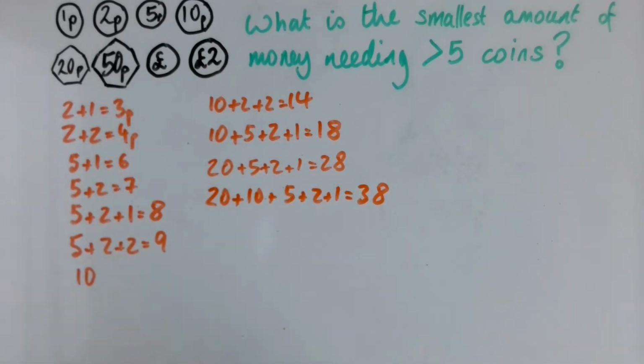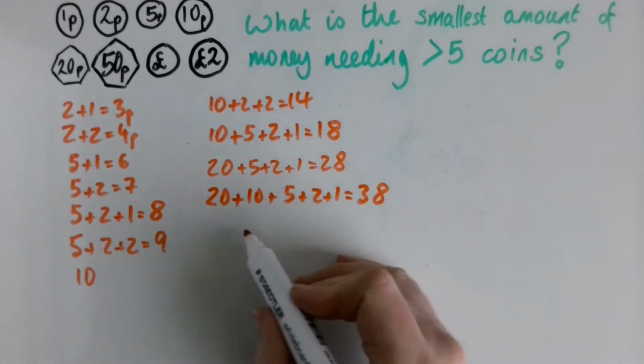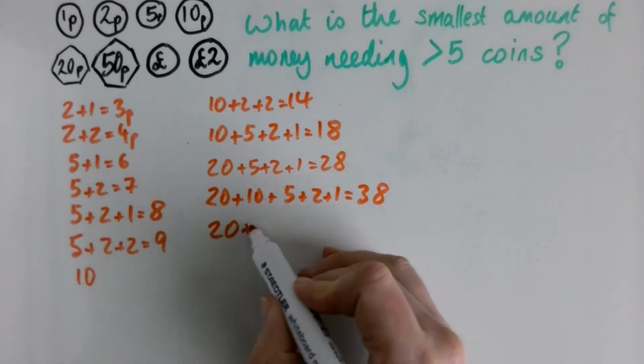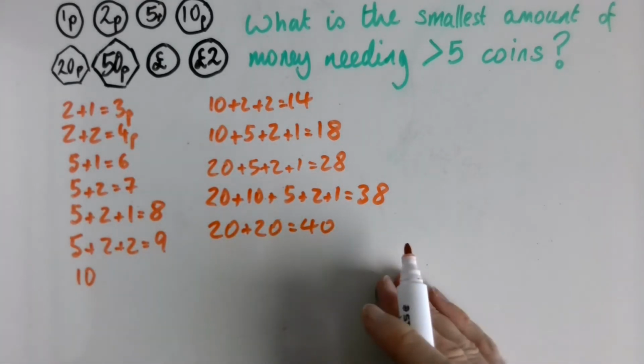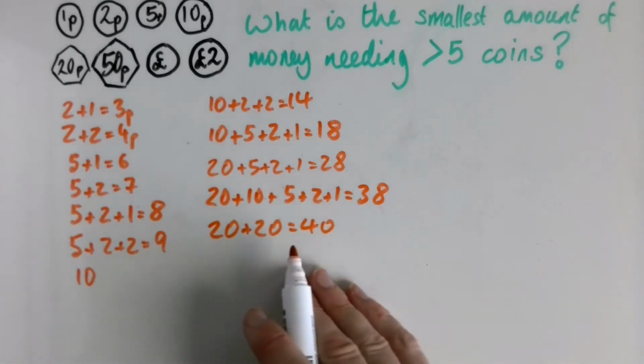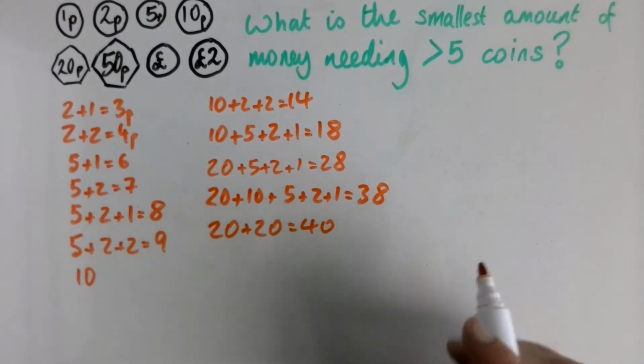So we need a number of 10s that's going to take 3 coins. So 40 is 20 plus 20 equals 40, doesn't it? So I can get 48 with 5 coins as well.